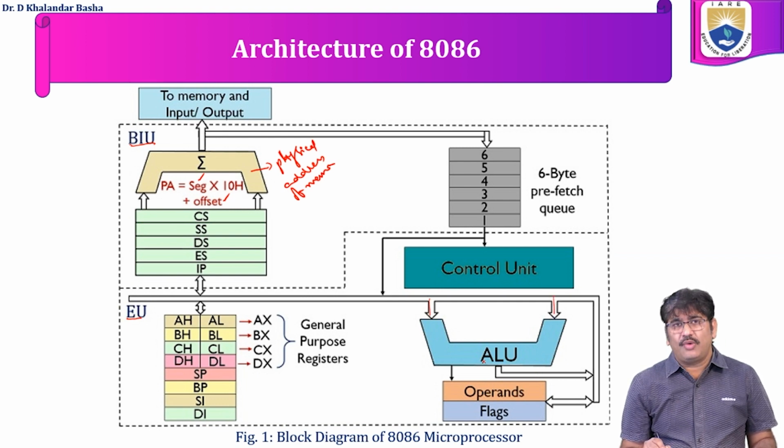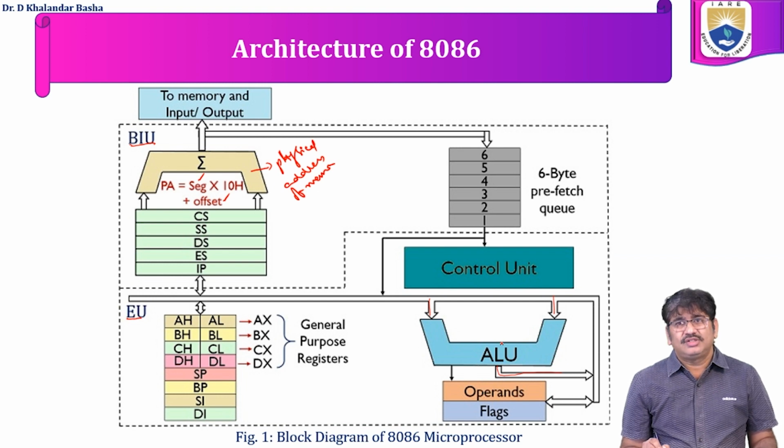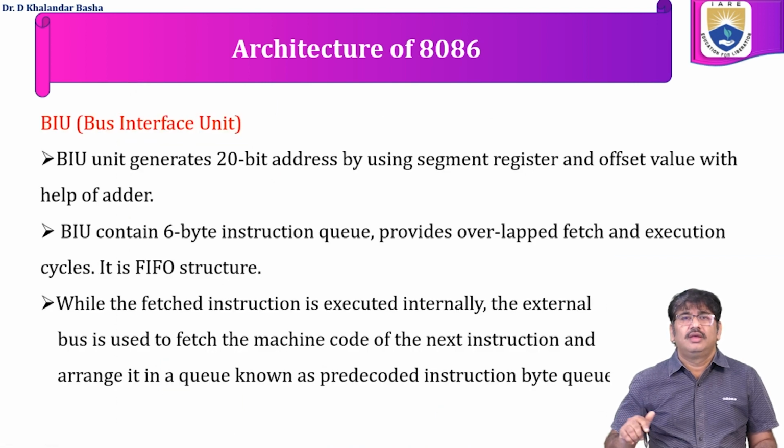After executing the operation, depending upon the instruction, the result will be fed back to the bus. From this bus, the data may be stored in the registers or in the memory. Depending upon the results of the ALU, the flags will be affected in the flag register. This is the block diagram of the 8086 architecture.